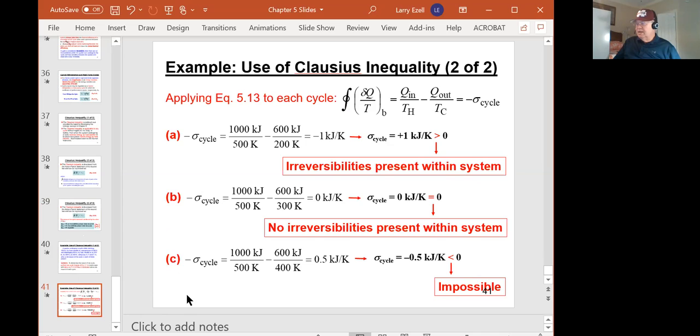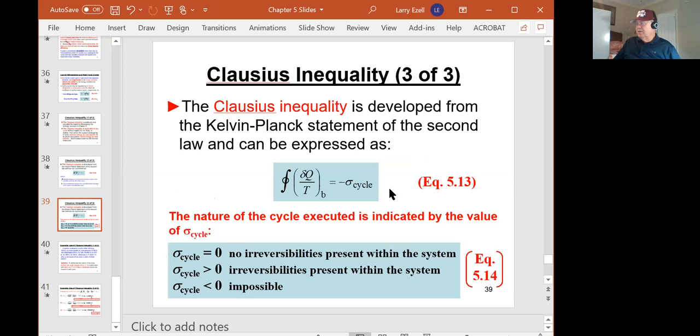Now the last slide, the last thing in chapter 5. Hallelujah. Again, using this equation, the cyclic integral is equal to minus alpha. And for the cyclic integral, we have to look at each one of the components involved in heat transfer in our system.